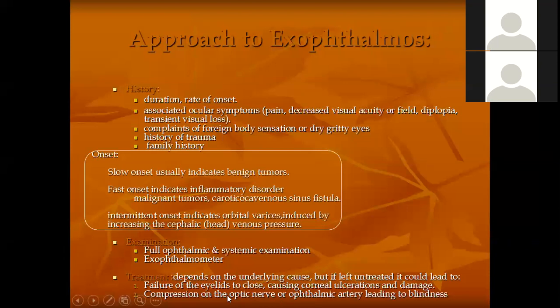If you have treated the underlying disease, but still the proptosis is there and it is causing complications, for example, exposure of the cornea and conjunctiva leading to ulceration and damage, the best way is to close the eyelids, suture the upper eyelid with the lower eyelid. This is called tarsorrhaphy. Okay, tarsorrhaphy. Suture the upper eyelid with the lower eyelid.